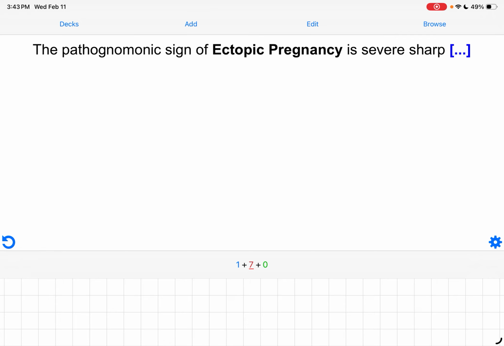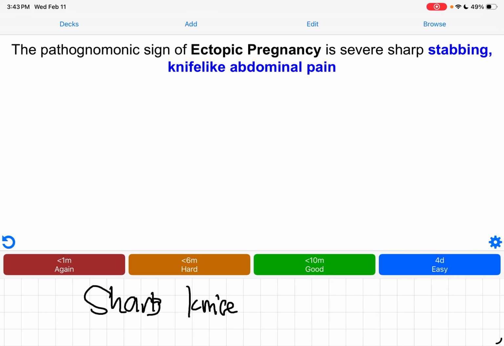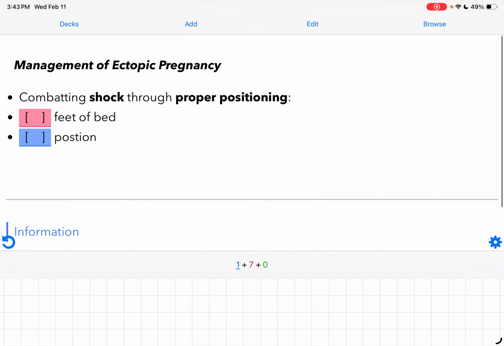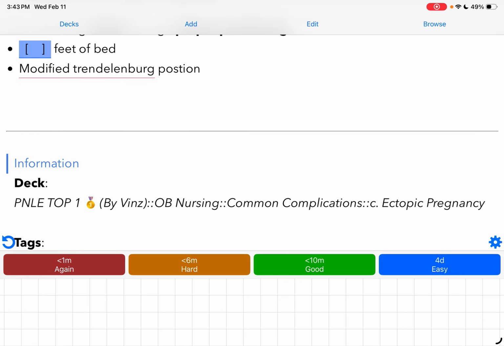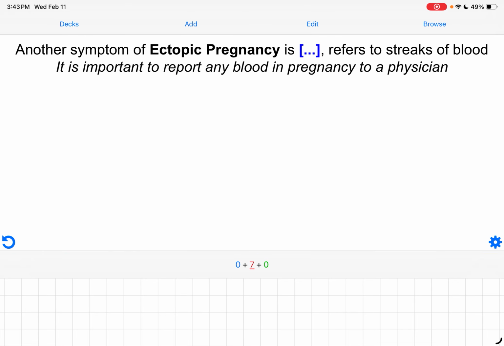The pathognomonic sign for ectopic pregnancy is severe, sharp, stabbing, knife-like abdominal pain. Another symptom is streaks of blood, spotting.